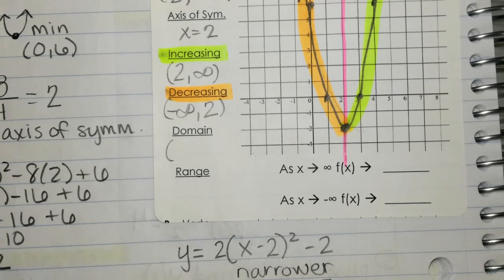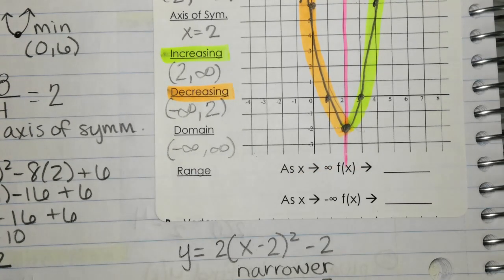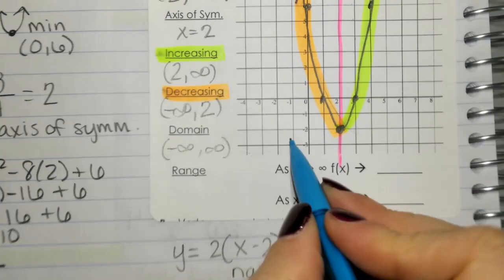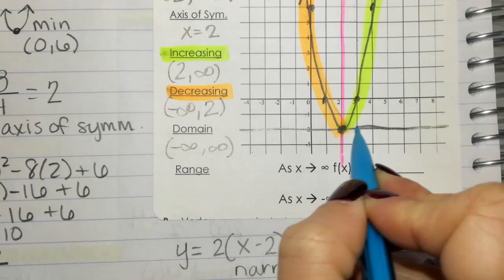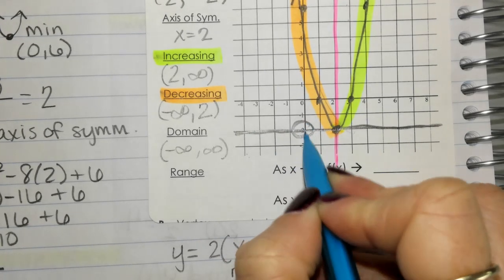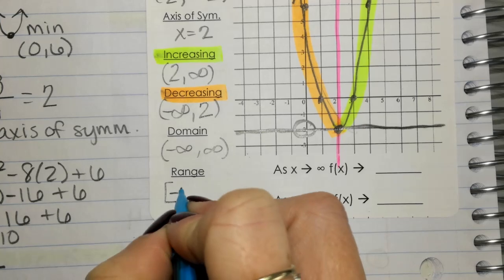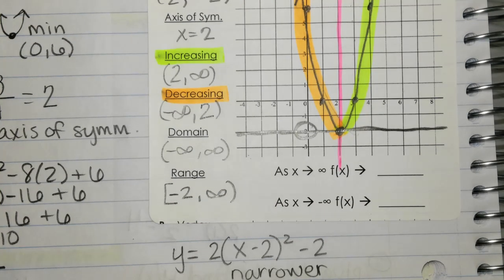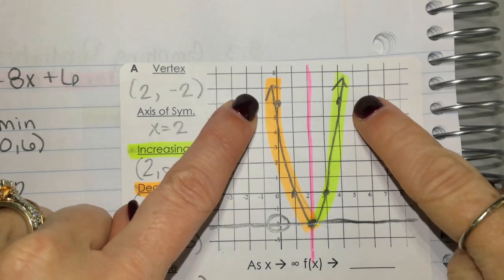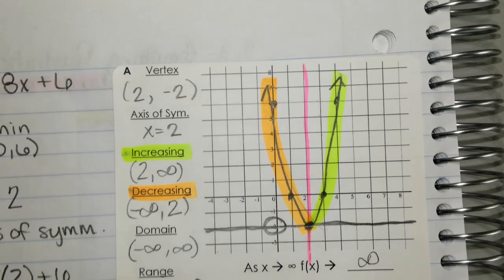Domain is always the same, negative infinity to infinity, because there's arrows on the end. And my range is the only time we're really looking at the y value. This has a hard stop down here at -2. So my range is going to be from -2 to infinity. Both ends point up, so both of these answers are positive.